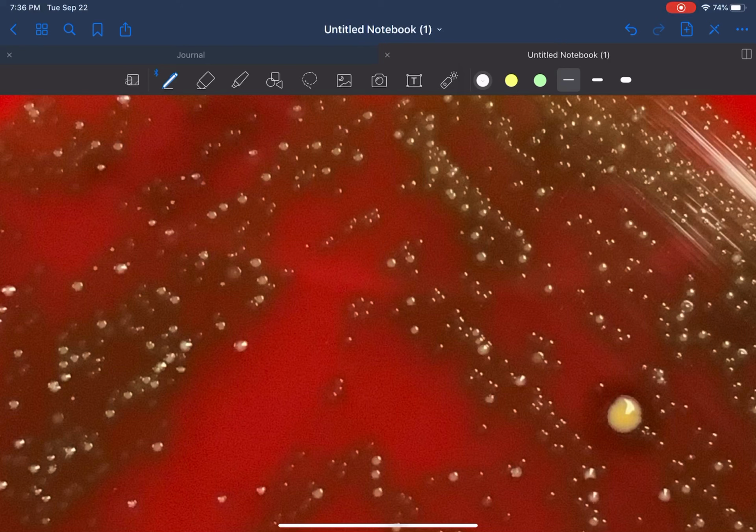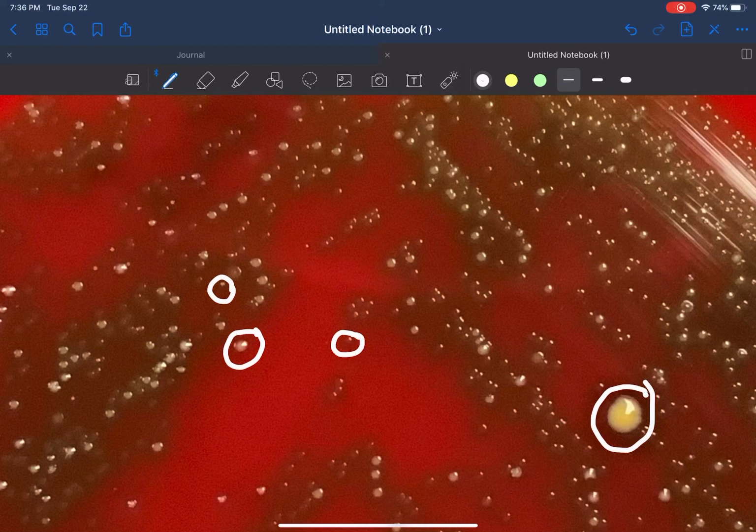All right, I see this type. This looks like an alpha clear. This looks like a white, creamy maybe. This looks like a different kind of white colony. There's at least 3. Oh, and here's 4. Here's a big yellow colony.